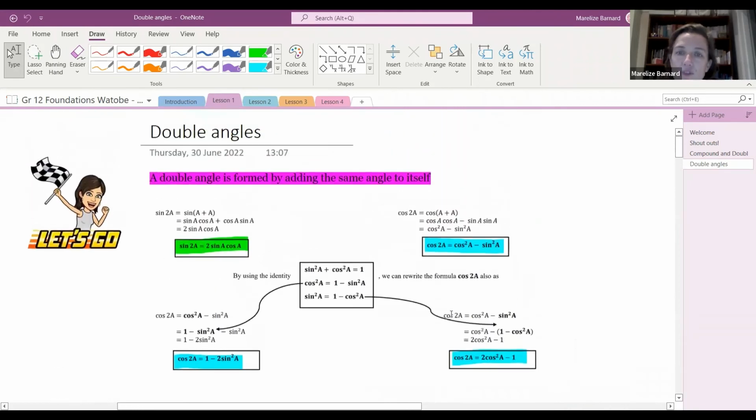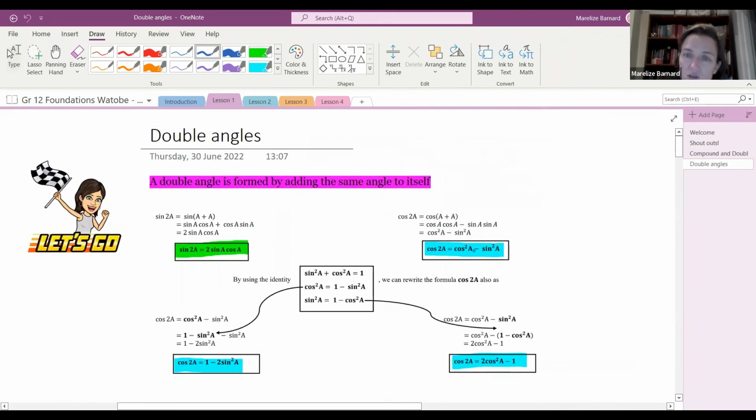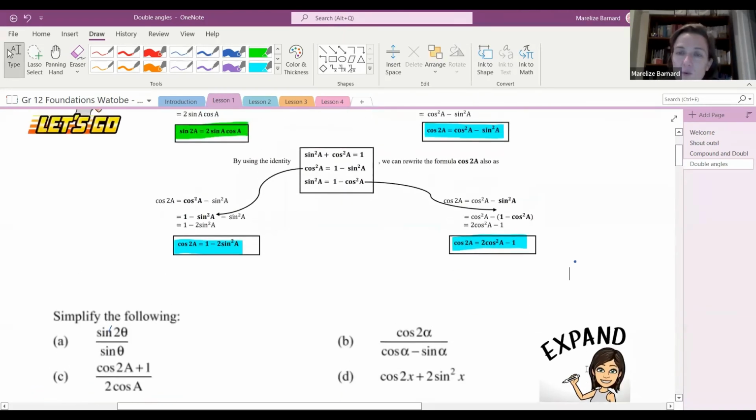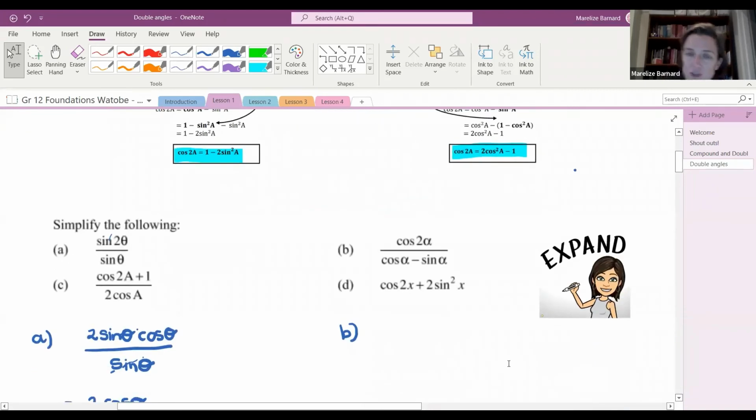So our options are to do cos squared minus sine squared, 1 minus 2 sine squared, or 2 cos squared minus 1. So the one that is probably going to work best in order to simplify this expression is cos squared alpha minus sine squared alpha.